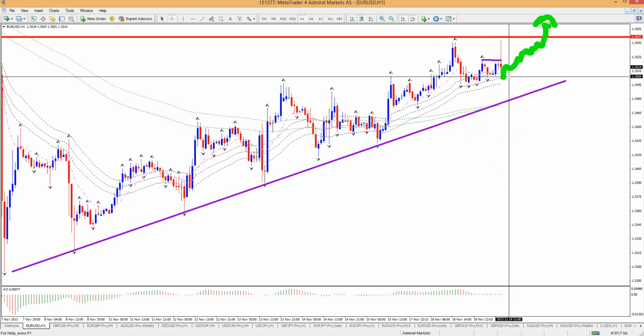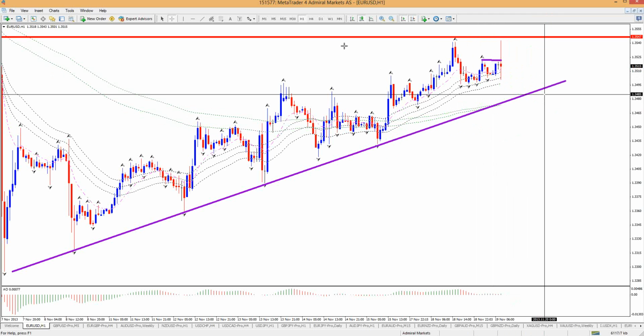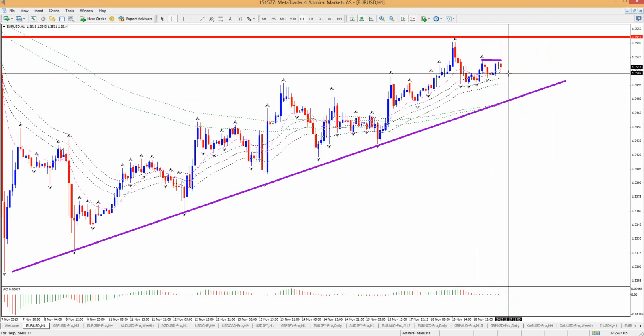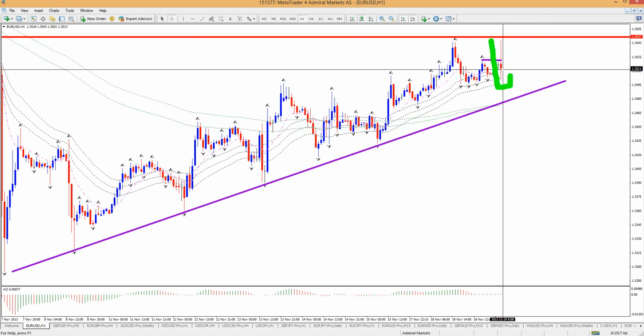So for me personally, it could look like it's reversing, but I would still wait for really a break through this purple line. It's anyhow pretty close by. You know, the purple line is only a few pips below here. I would rather wait for that confirmation personally. But we can wait 12 minutes from now and see how this candle looks like.